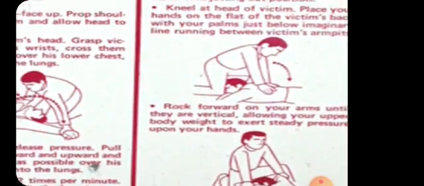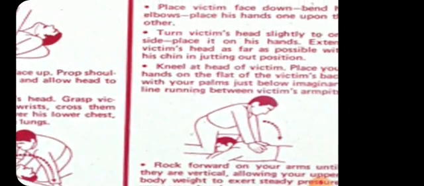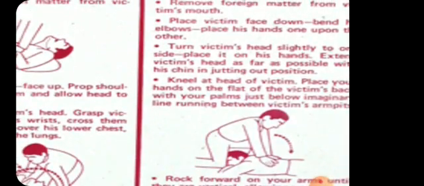Basically, the chin is resting on the victim's hand. Now you have to extend the victim's head as far as possible with the chin in a jutting position, so that the airway is clear.